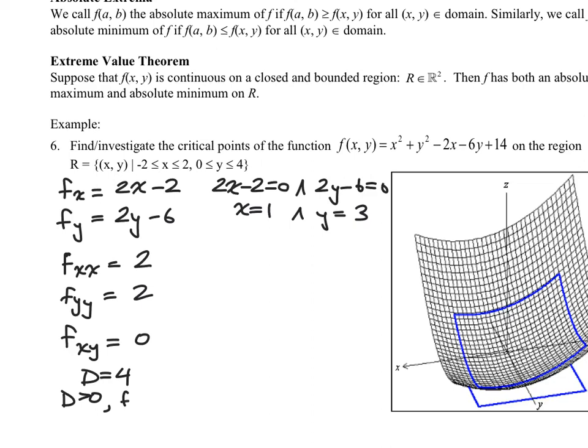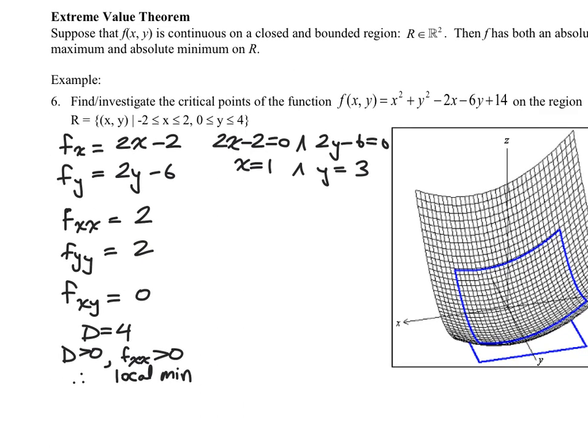F sub xx also greater than 0. Therefore, we're looking at a local min at 1, 3, f of 1, 3. All right, so just a repeat of what we already did.